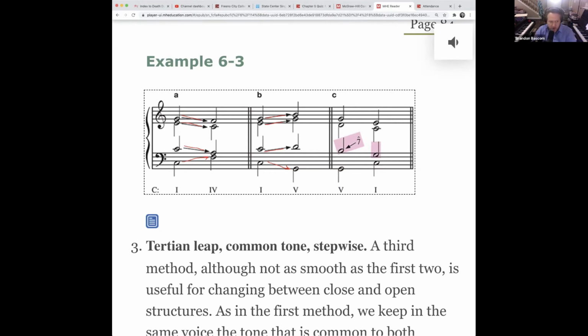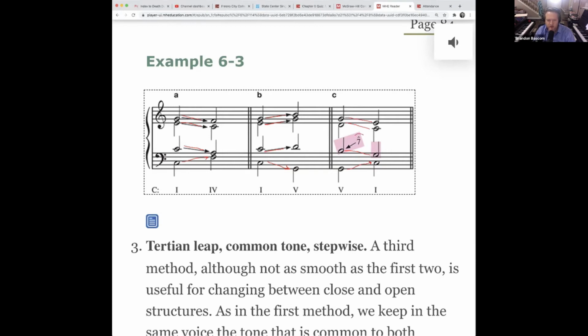C goes to D, E goes to G, G goes to B. Nothing bigger than a skip. Are you with me? Yes, Dr. B. All right. Next example, the bass moves up a fourth. Everything else moves down. Similar motion, nothing bigger than a skip.